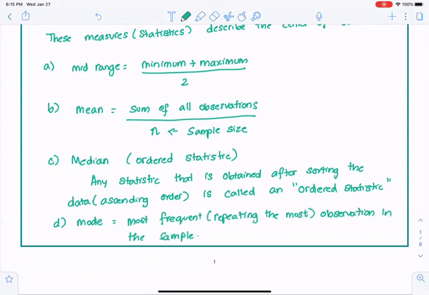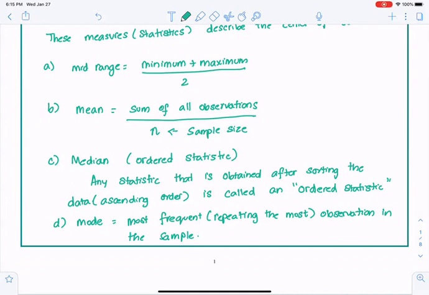All of these help us find the center. Of course, some of these statistics are better than others, and I will explain that in the next section. But before that, we want to know how to find the median.